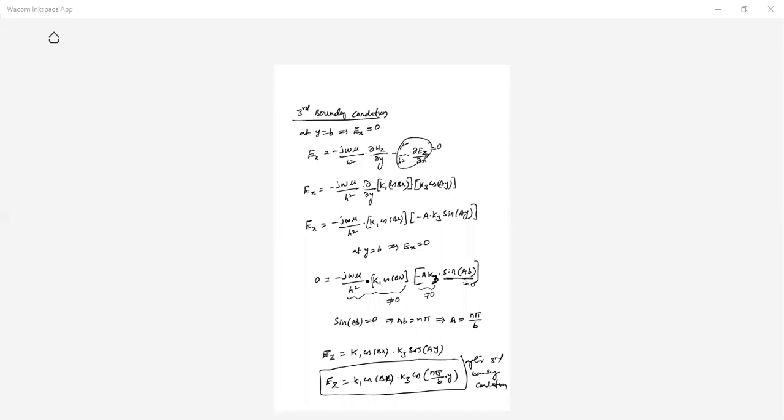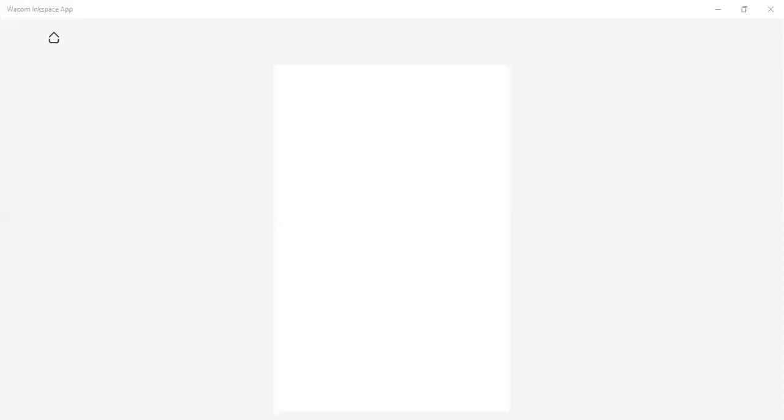So then, the fourth boundary condition. That is, Ey is equal to 0 at x is equal to a.